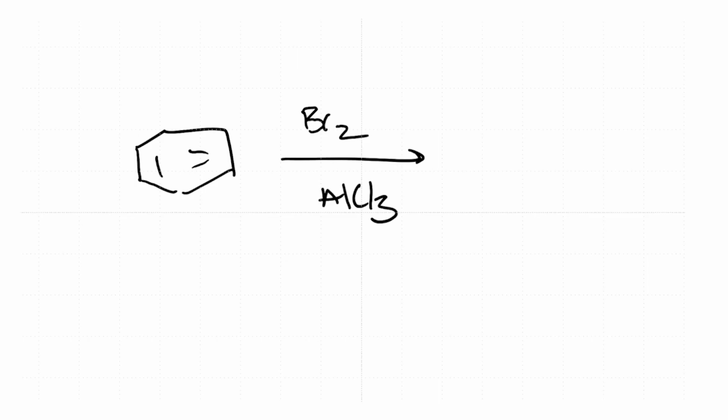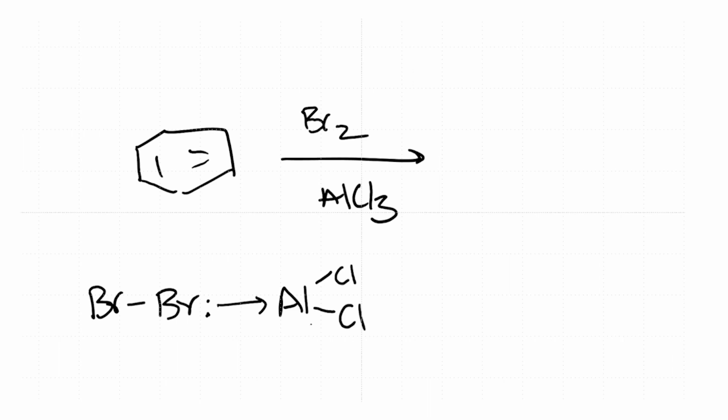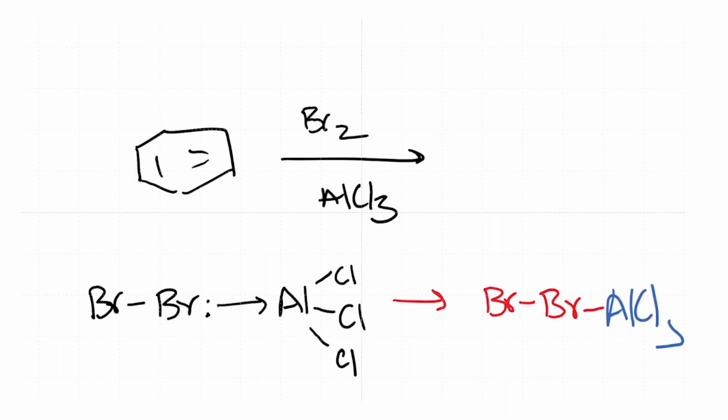what we can propose based on our knowledge of chemistry so far is that the Br, which has a pair of electrons, can coordinate with AlCl3. Once this coordination happens, it is going to produce a complex such as this, where you have AlCl3, and you're going to have a full positive charge on Br and a negative charge on aluminum.